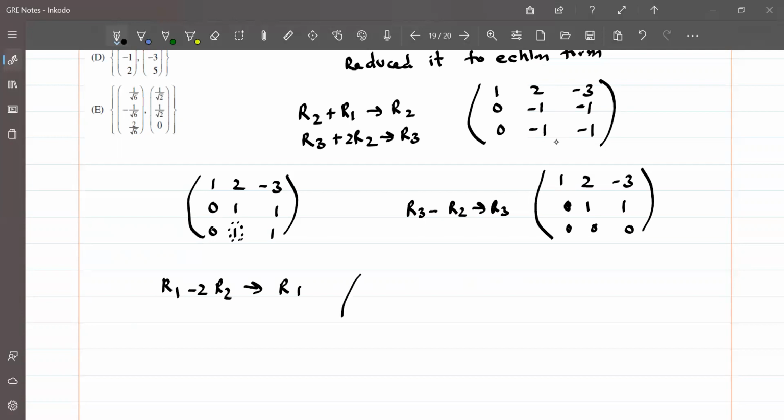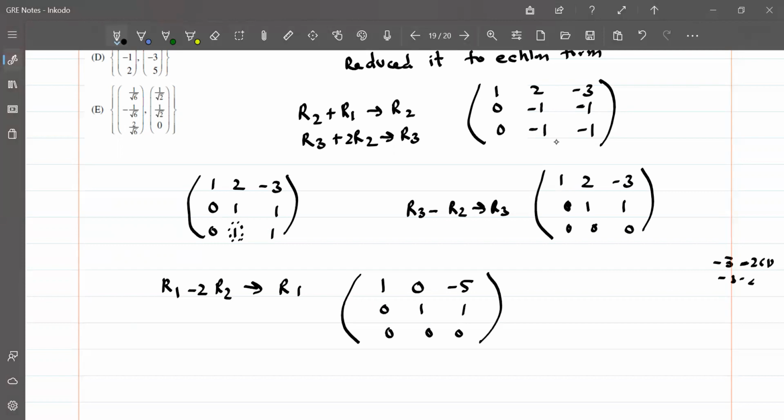So we have 1, 2 minus 2 into 1 is 0, and -3 minus 2 into 1, which is equal to -5. So we have 0, 1, 1, and then 0, 0, 0.